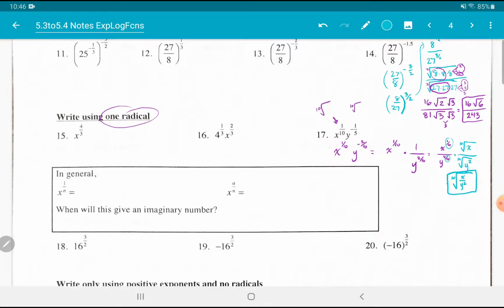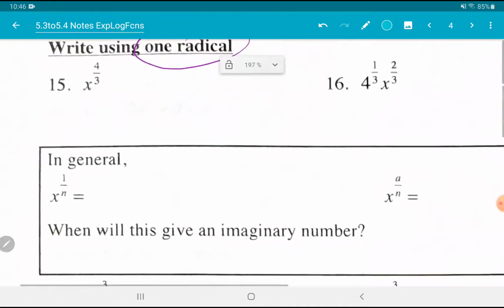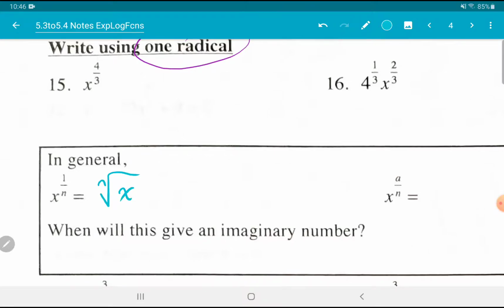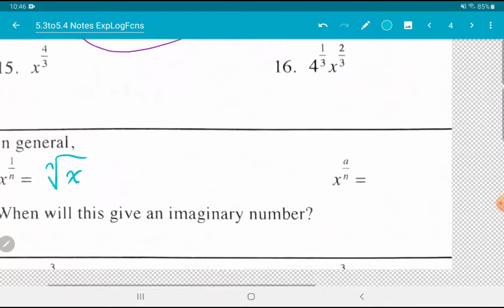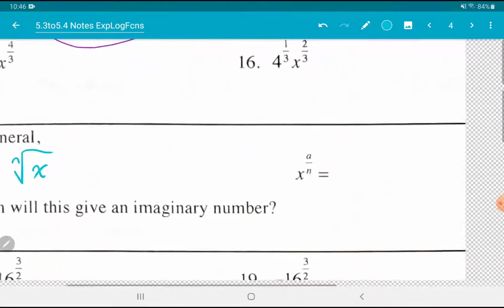In general, what does it mean to have x to the power of 1 over n? We have gone over a couple times now in this video that this basically means the nth root of x. What happens if you have an improper fraction, or a proper fraction for that matter? What if that has an a value in there?